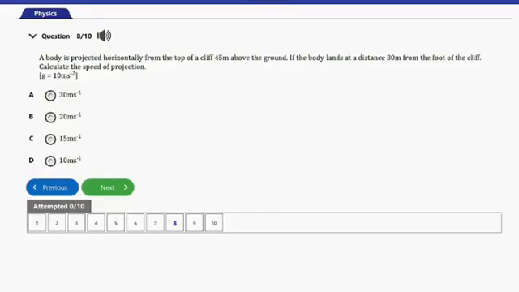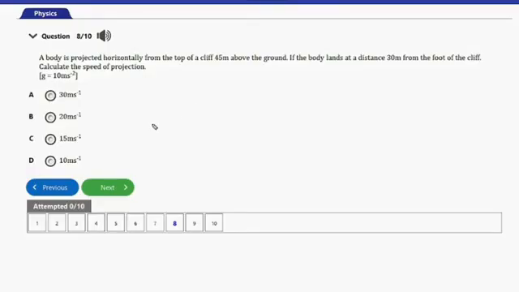So guys, in order for us to calculate the speed of the projection, we already have the height of the cliff, 45 meters, and the distance from the bottom of the cliff is 30 meters, and we have acceleration due to gravity as 10 meters per second squared.